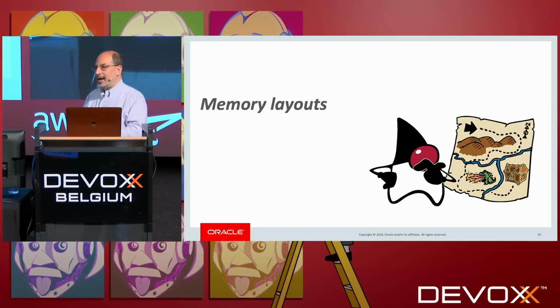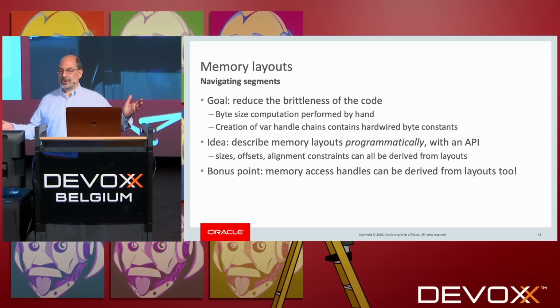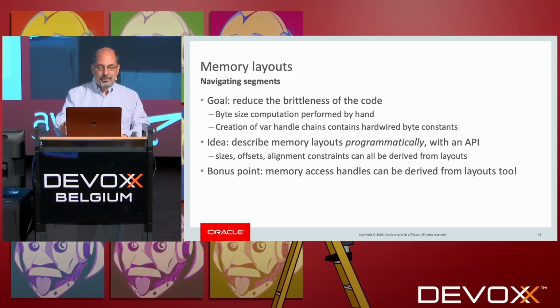Okay, so let's talk about memory layouts, which is our approach for cleaning up those constants. The goal of this piece of it is we want to make the code less brittle, less subject to small errors, and especially make it easier to change the behavior of the code if we want to change our layout without having to manually recompute all of those hardwired constants.